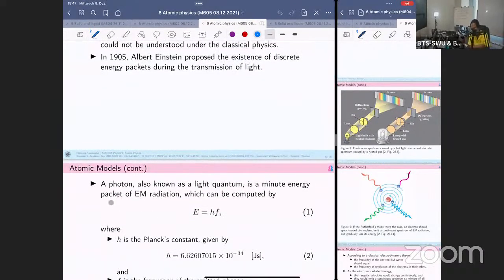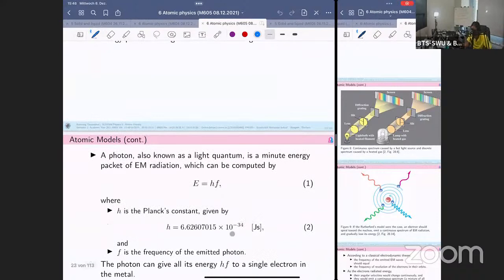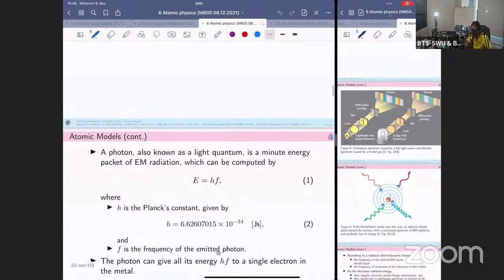A photon, also known as a light quantum, where quantum means a quantity of energy, is a minute, tiny energy packet of any electromagnetic wave, and it can be computed by E equals hf, where h is Planck's constant, which is 6.6 times 10 raised to negative 34 joule second, and f is the frequency of the emitted photon.